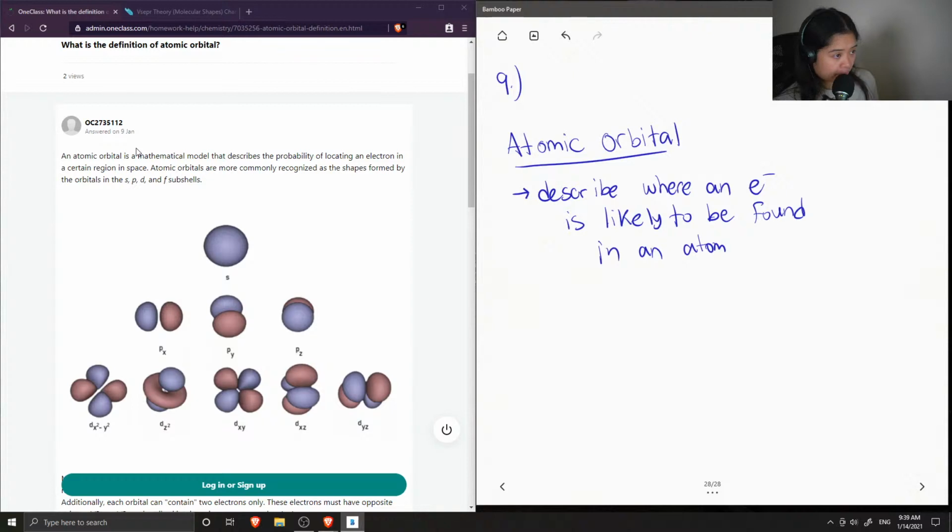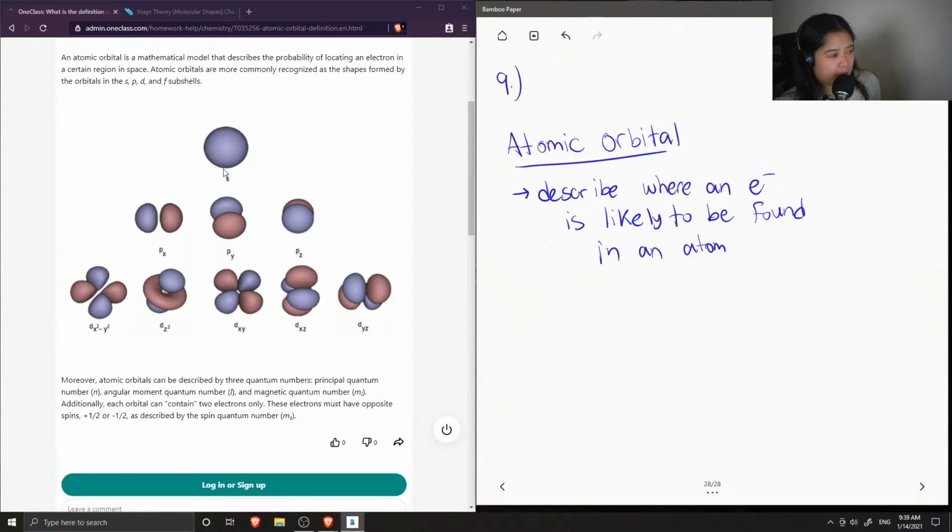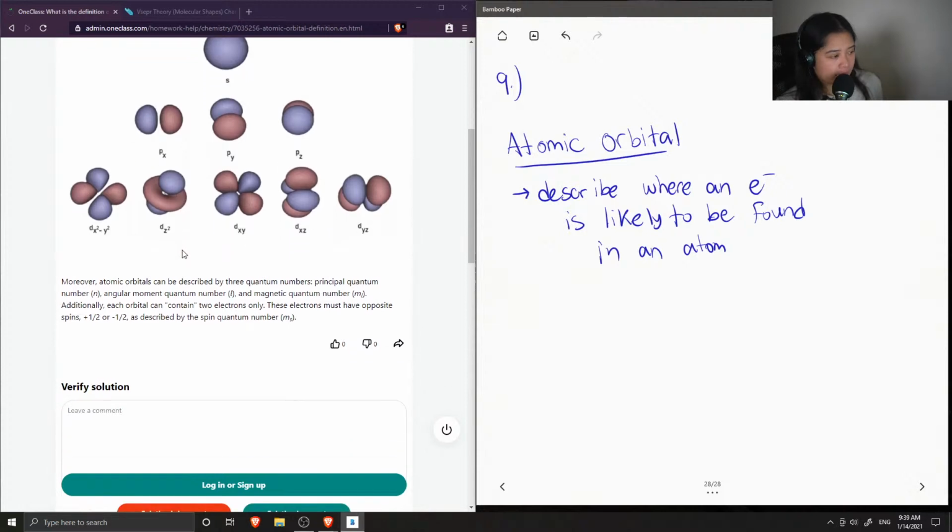Yep. And atomic orbitals are more commonly recognized as the shapes formed by the orbitals in the s, p, d, and f subshells. So they have an example of all the different shapes that you could possibly get. Moreover, atomic orbitals can be described by 3 quantum numbers: principal quantum number, angular momentum quantum number, and magnetic quantum number.